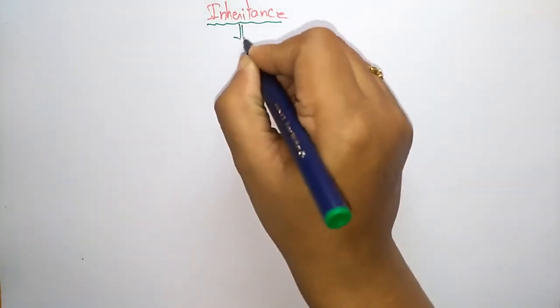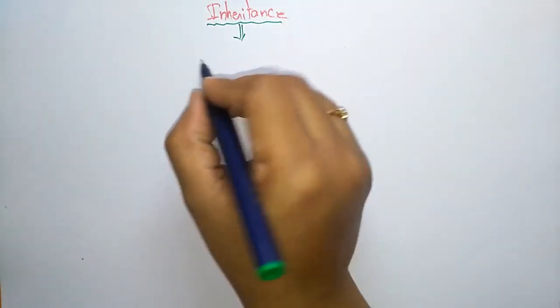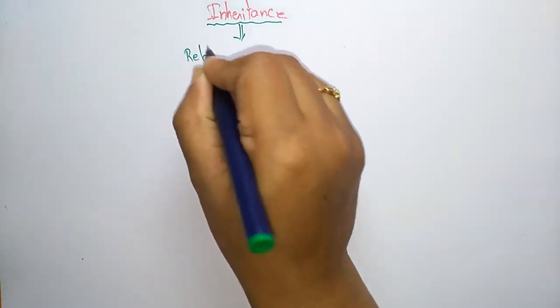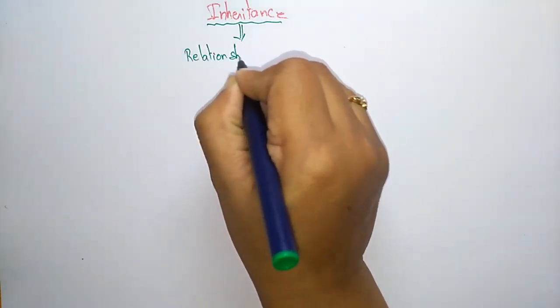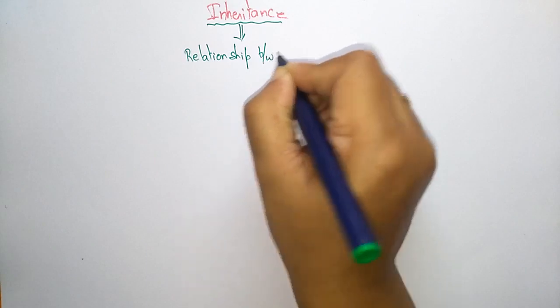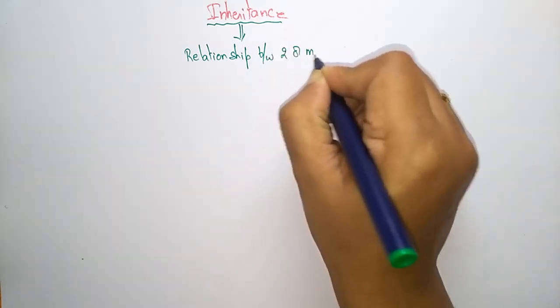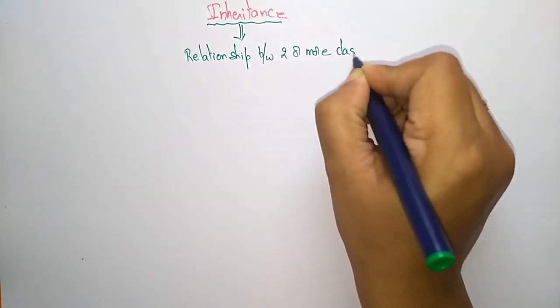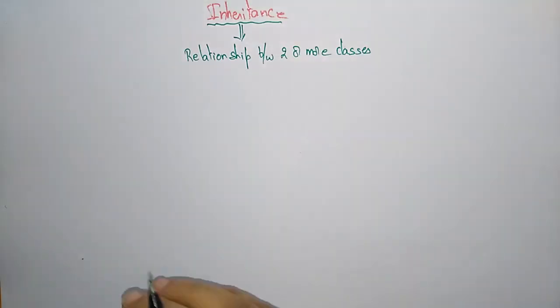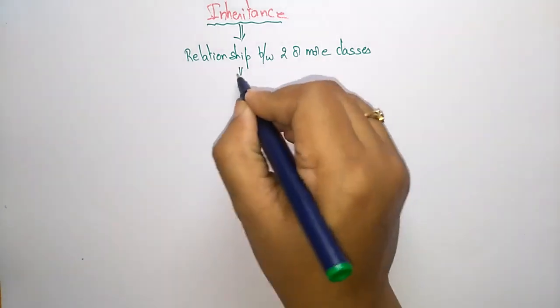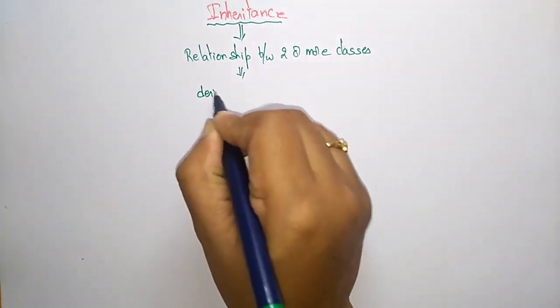Inheritance is a relationship between two or more classes where the derived class inherits the properties of the base class.